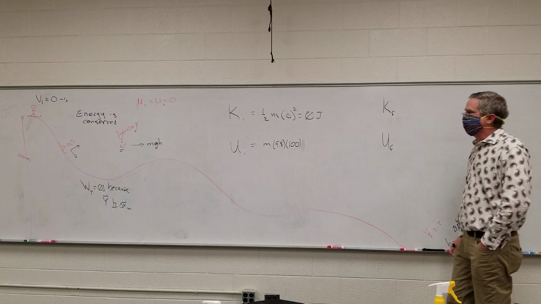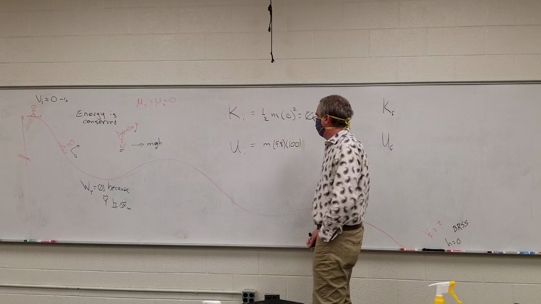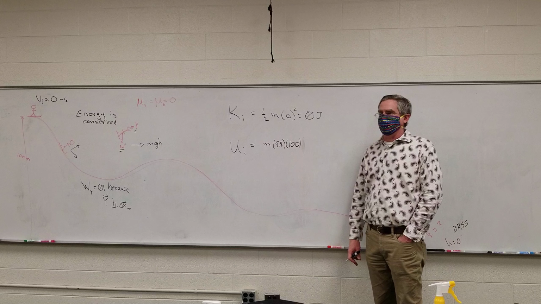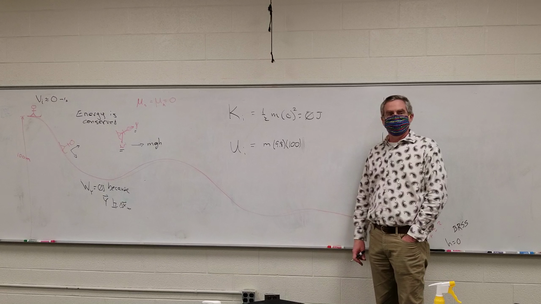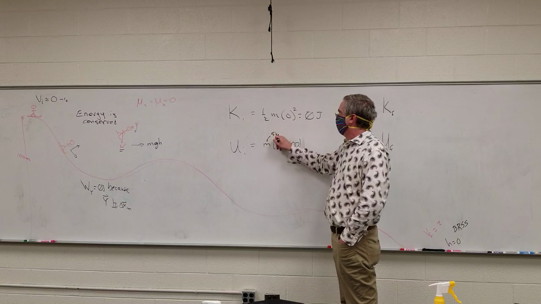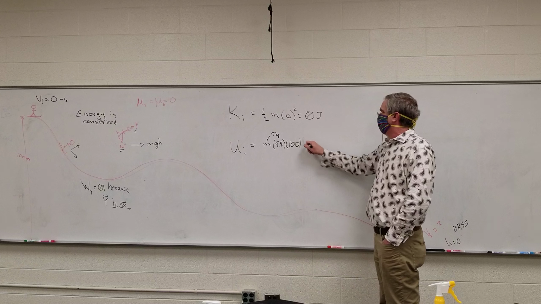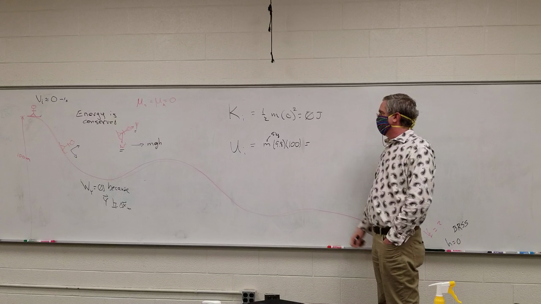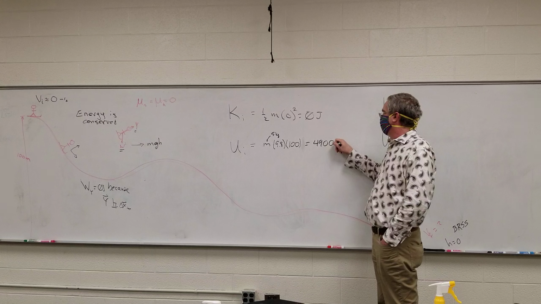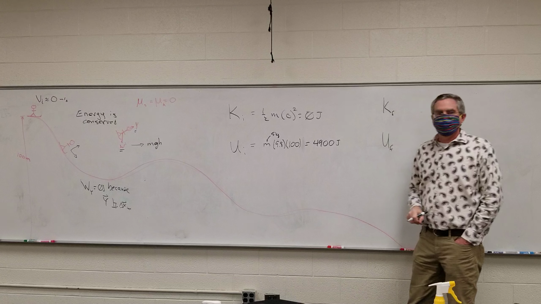Now, are you comfortable enough to just leave it in there, or do you want to stick a number in? I want to stick a number. What number do you want to stick in? 5. 5 kilograms. So it's going to 4,900? Yep. Yeah, that's right.